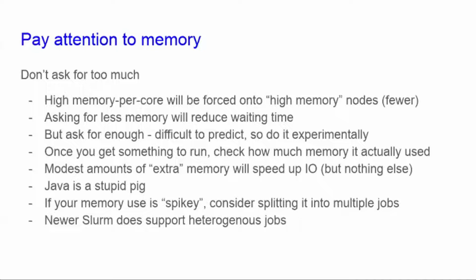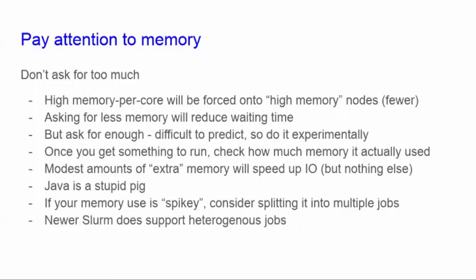So if you run a serial job that uses 11 gigabytes per core, it will run on base nodes on all the clusters. But if you ask for 20 gigabytes per core, it will run on high memory nodes on all the clusters. And the big difference is that there are very, very much fewer high memory nodes. So it's important to get the memory ask right.